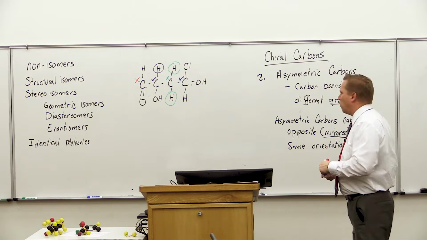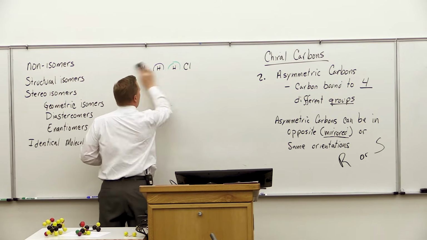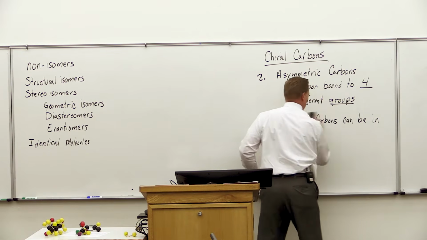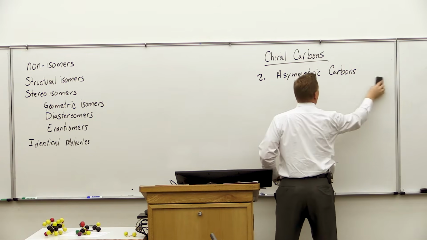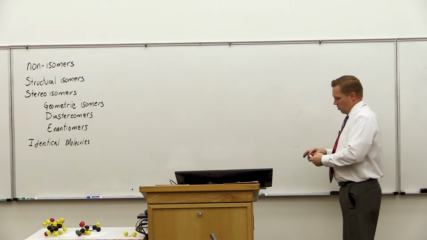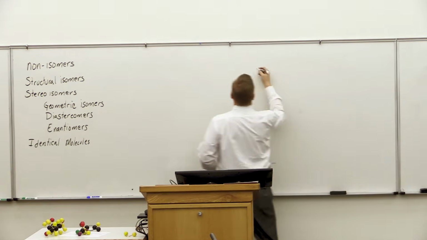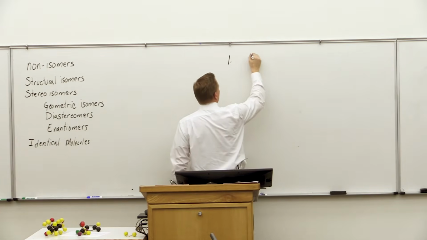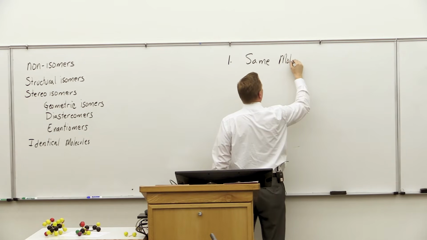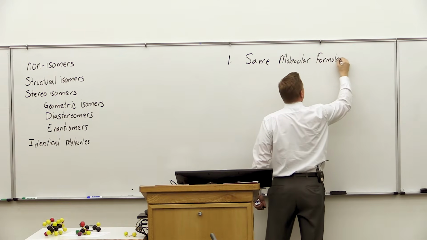Okay? What we'll do is one final wrap up. We've been talking about different questions that we would ask. And so let's give that process to you. So when you're faced with determining a pair of molecules and what the relationship is, the first question we're going to ask ourselves is, do they have the same molecular formula?